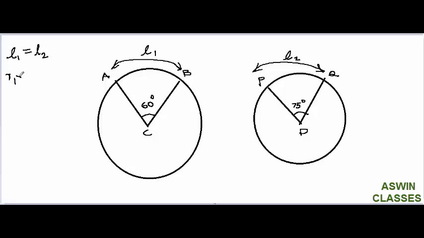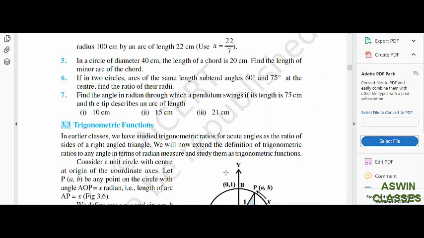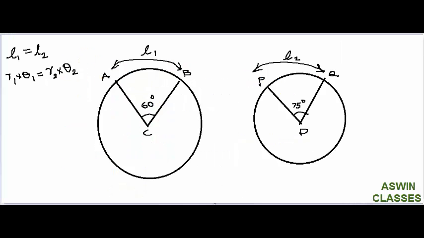But L1 equal to R1 into theta 1. Similarly, L2 equal to R2 into theta 2. You need to find the ratio of the radii. So R1 by R2 is equal to theta 2 by theta 1. Here you don't have to convert it into radians because this is a ratio.